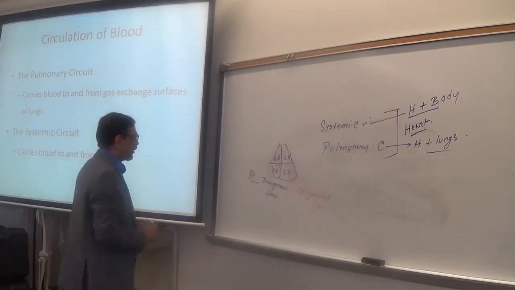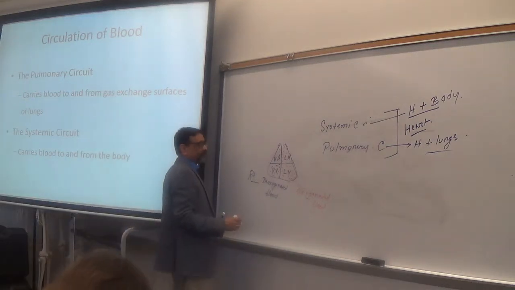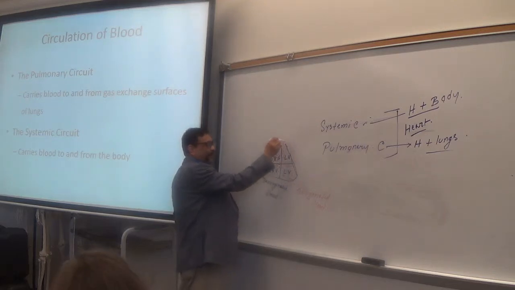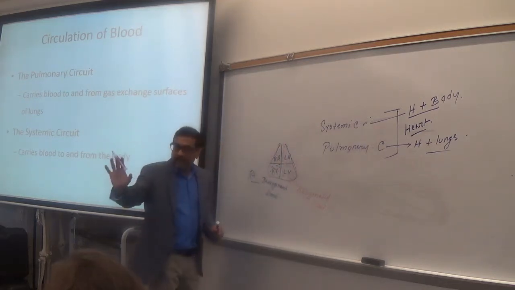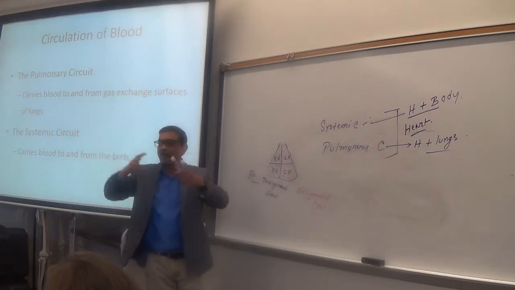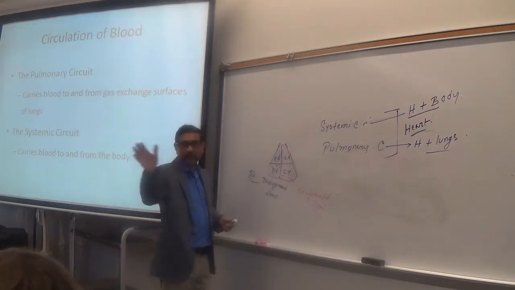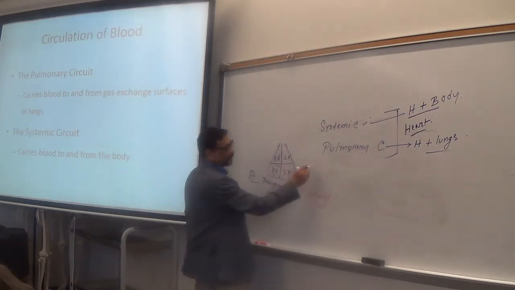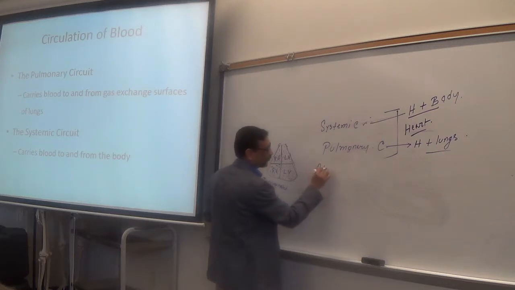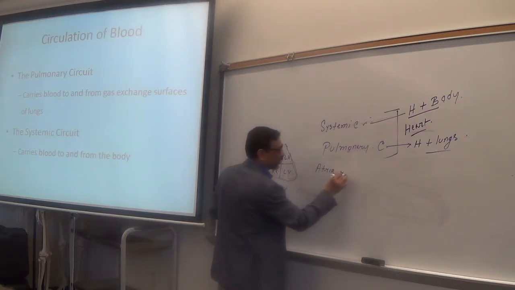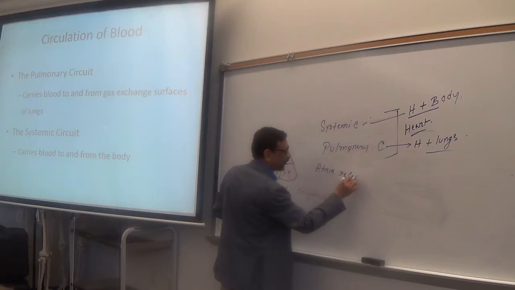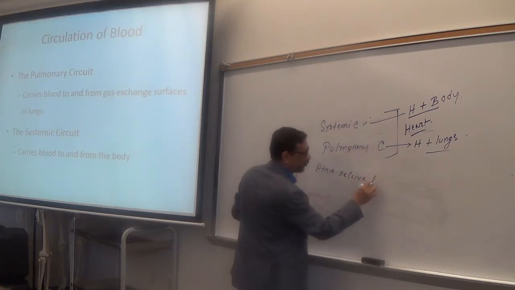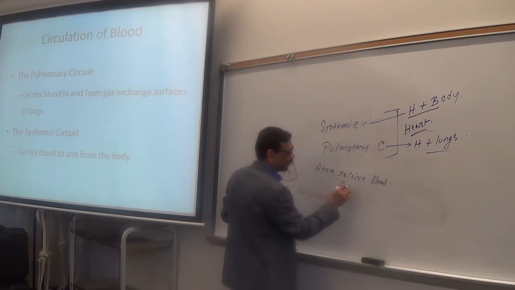Rule number 2: atria, both right and left, receive the blood from outside and give it to the ventricles. Give to the what?